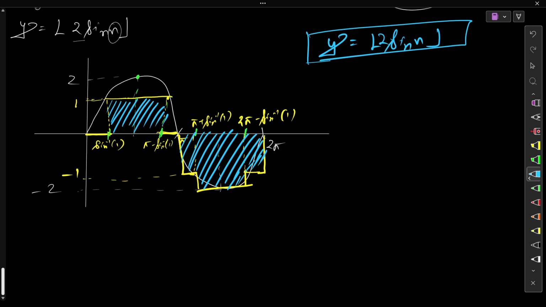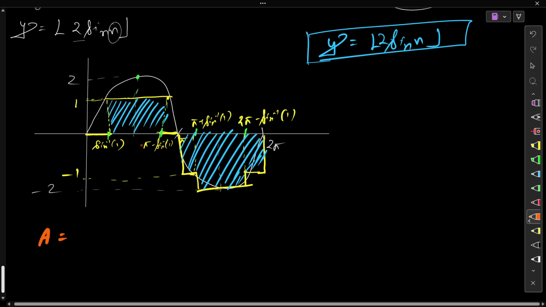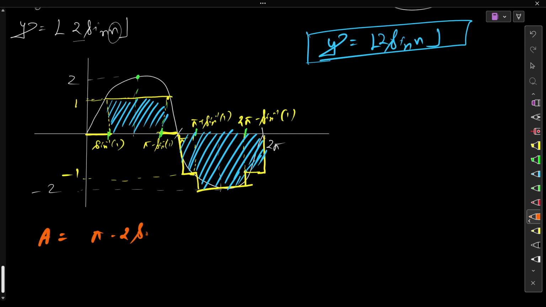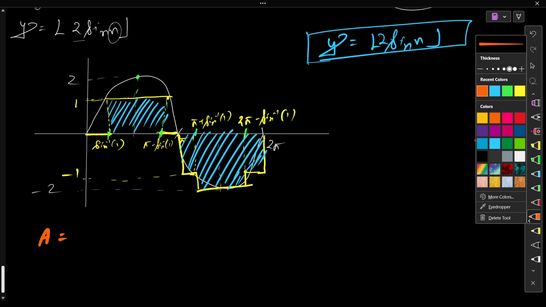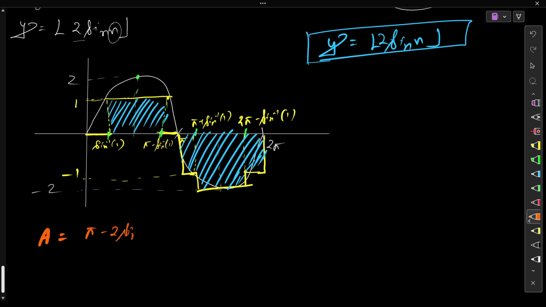In this case, if I evaluate the area, this would be pi minus 2 sin inverse of 1 multiplied by 1, minus the lower area. First I'll evaluate this one.